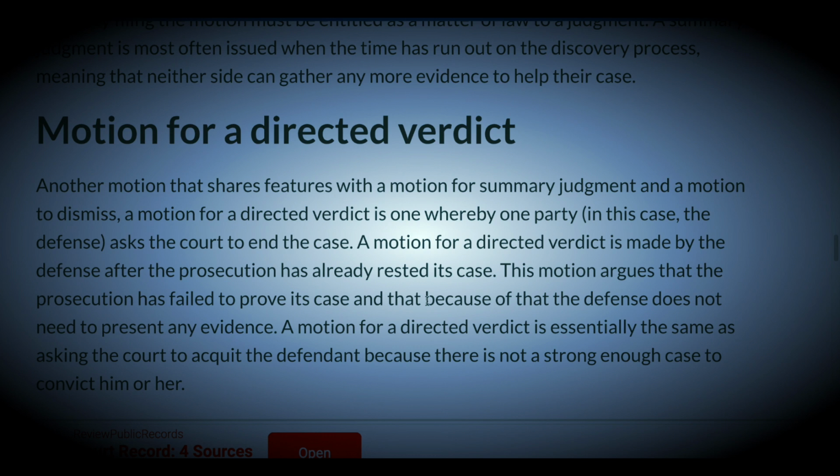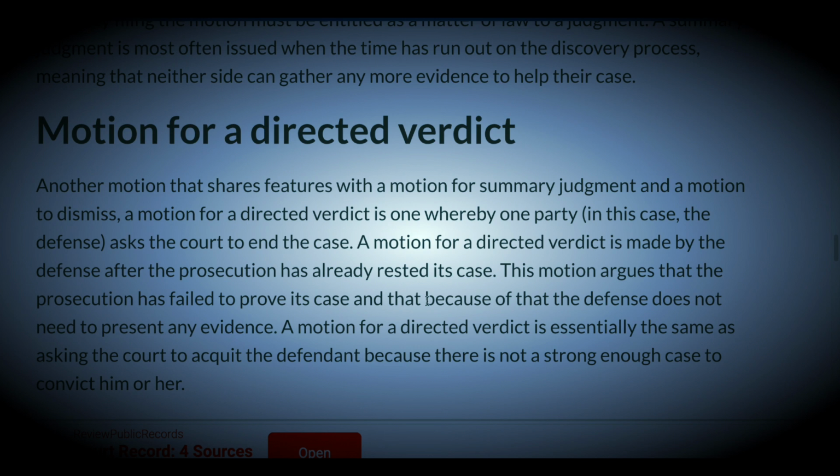The motion for a direct verdict is made by the defense after the prosecution has already rested its case. This motion argues that the prosecution has failed to prove its case, and that because of that, the defense does not need to present any evidence.